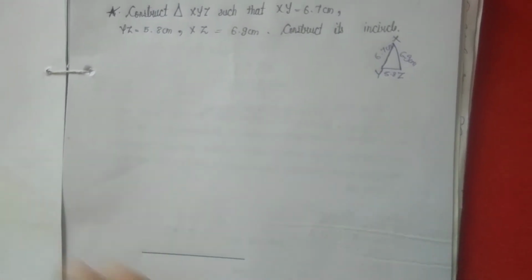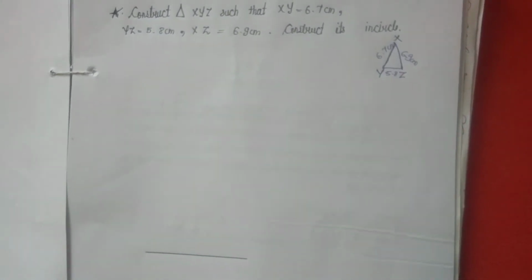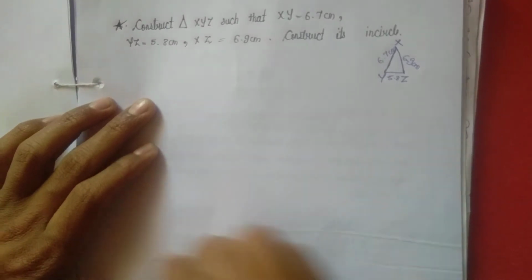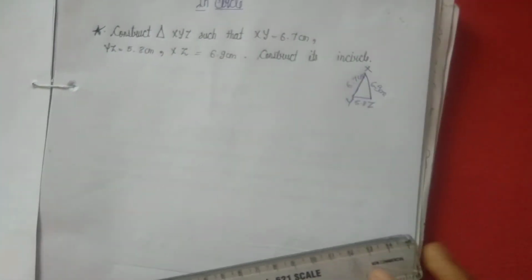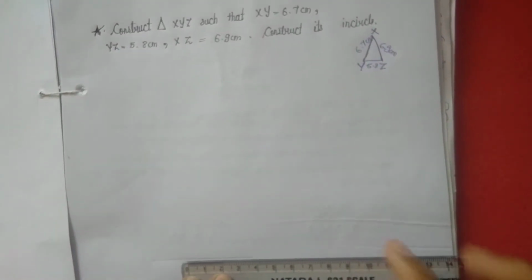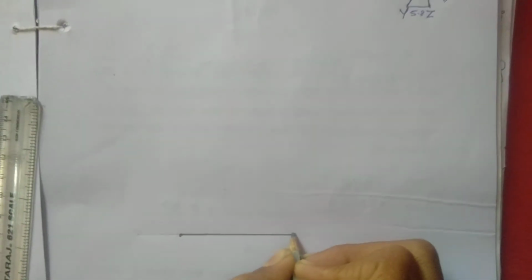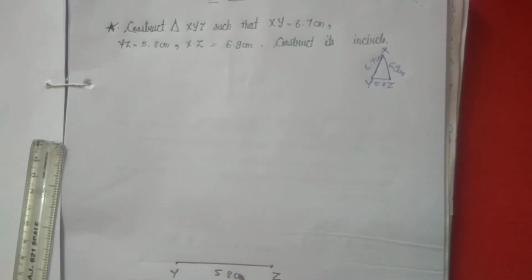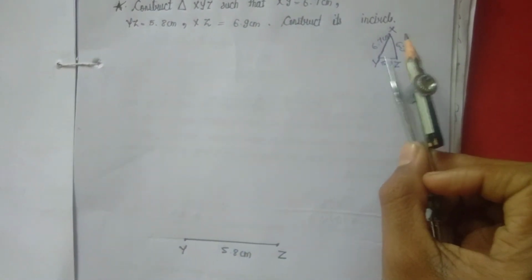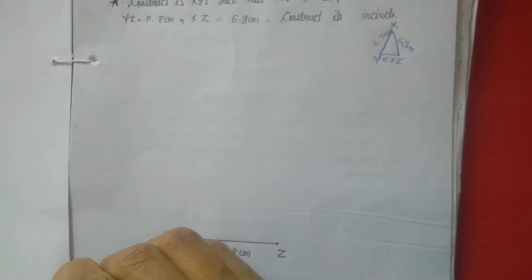I will draw it in the center, 5.8 centimeter. First we will name it YZ, 5.8 centimeter, and with the help of the compass, measure 6.7 centimeter.